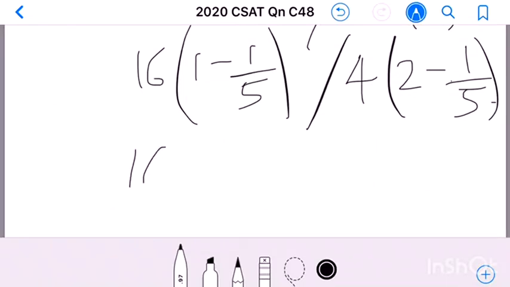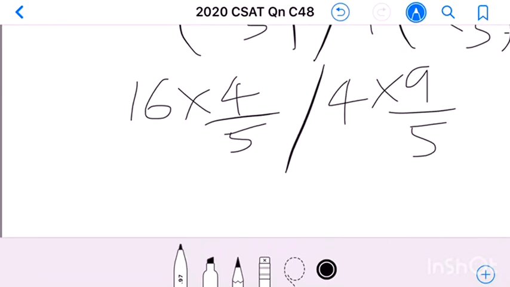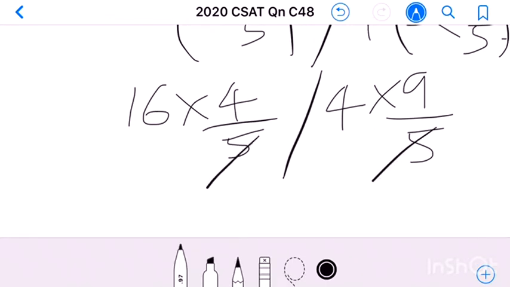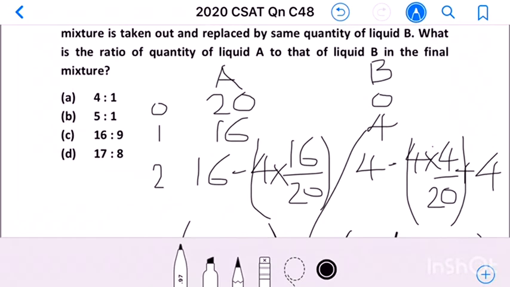This is equal to 16 into 5 minus 1, that is 4 by 5, whole over 4 into 2 into 5, 10, 10 minus 1, 9, 9 divided by 5. Then simplifying this, 5, 5 gone, 4, 4 gone. This becomes 16 by 9, that is equal to 16 is to 9. Our answer is option C, 16 is to 9.